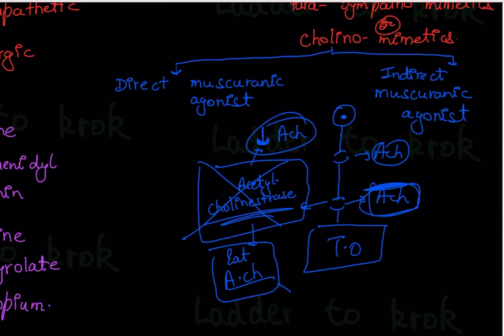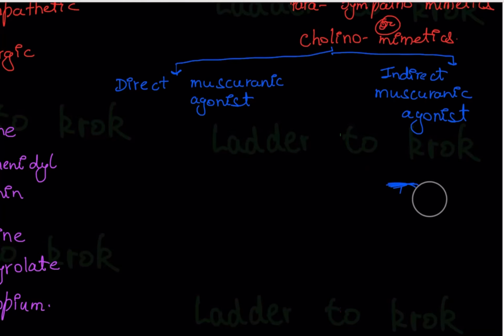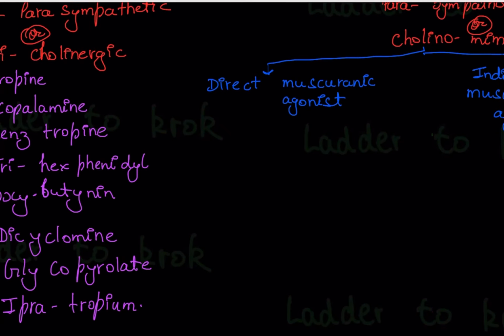All right, now let's discuss their drugs. Direct muscarinic agonists directly increase acetylcholine in the synapse.